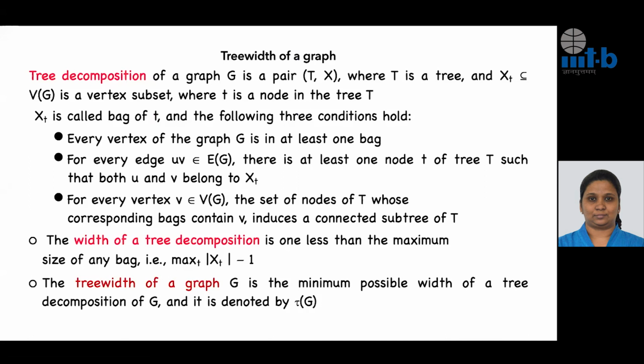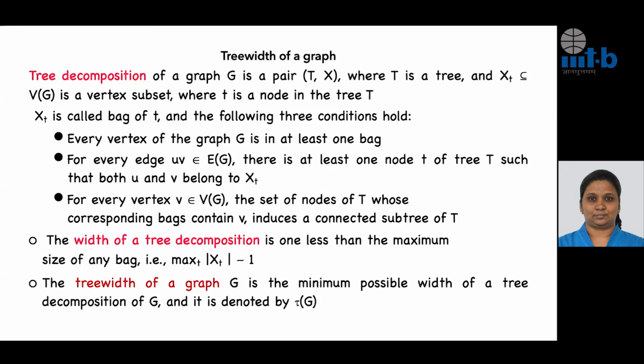Every vertex of the graph is contained in at least one bag, where a bag is a node of the tree. Also, for every edge in the graph, the two endpoints appear together in at least one bag. The third condition is that for every vertex V, the nodes containing that vertex will form a connected subtree of the tree decomposition. If you have a decomposition with this property, it's called a tree decomposition.